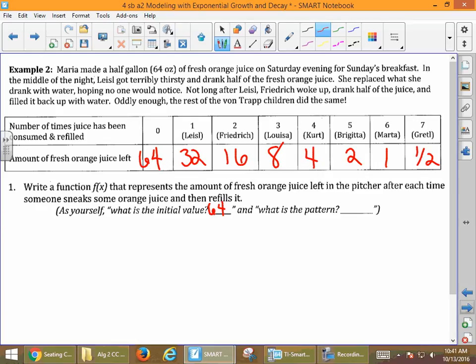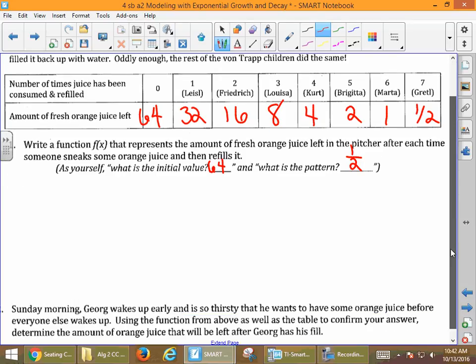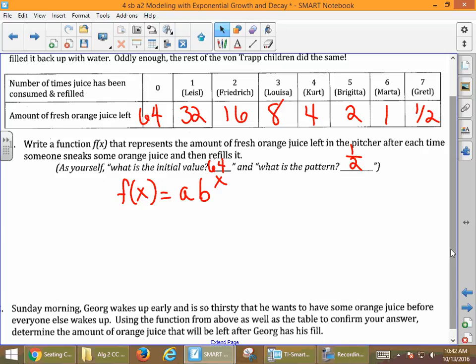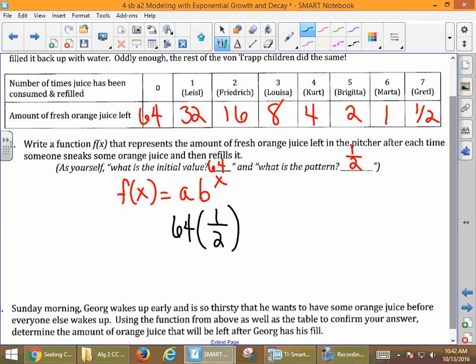Well, we're dividing by 2. Or, in other words, we drank half of the orange juice. So when we write our function here in the format of f of x equals a b to the x, our function's going to be 64, there's our initial value, times 1/2 to the x.